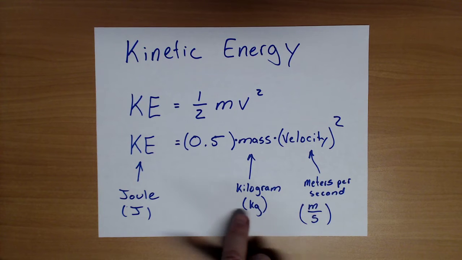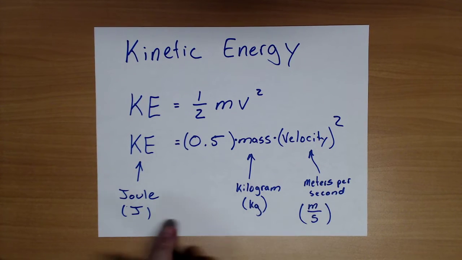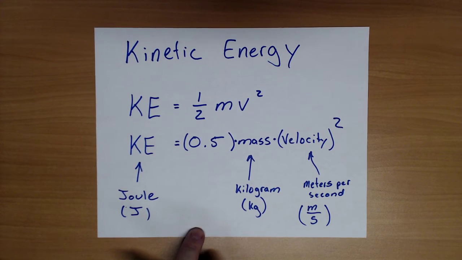It might seem a little funny that we have to be in these units, but it's just so that we actually get into joules at the end. You may want to pause the video at some point and jot some of this down onto some slides. But this is the equation that we're going to be using for kinetic energy.